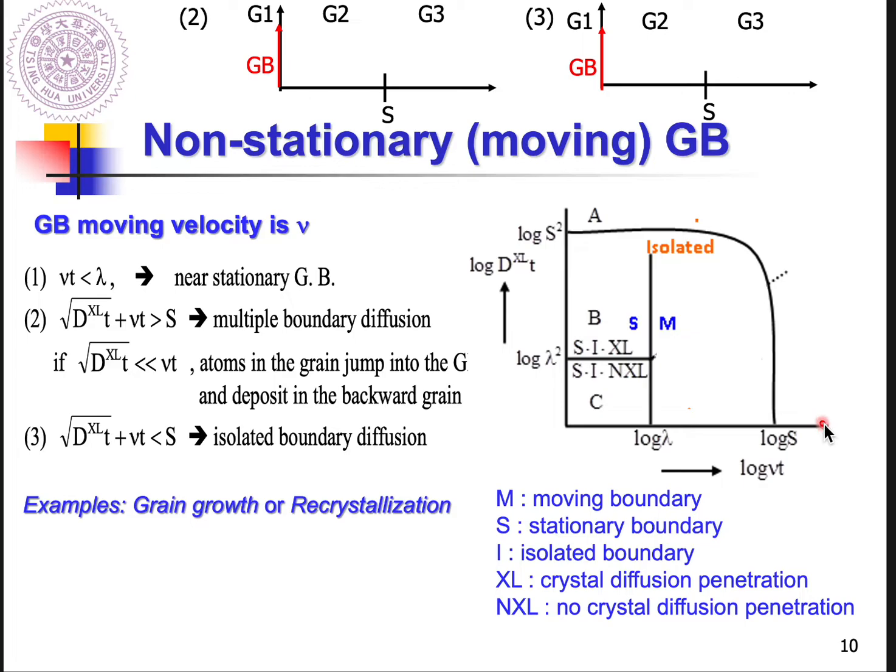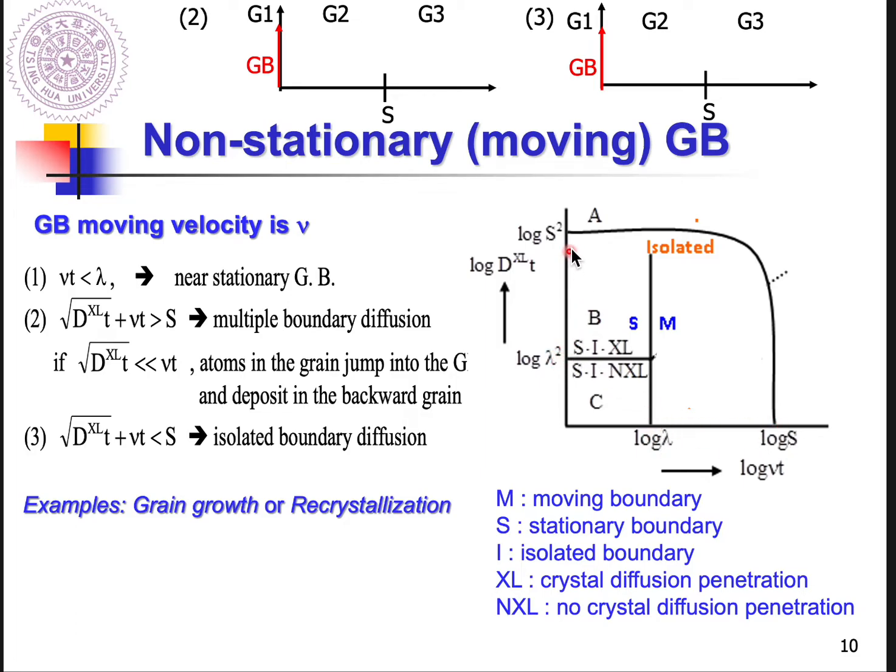And the horizontal axis is log Vt, the moving distance of the grain boundary, because V is the moving velocity of the grain boundary and t is the diffusion time. So Vt is the moving distance of the grain boundary, and this is the diffusion length of the diffusing atom inside the grain, squared. Next, take a look at these markers.